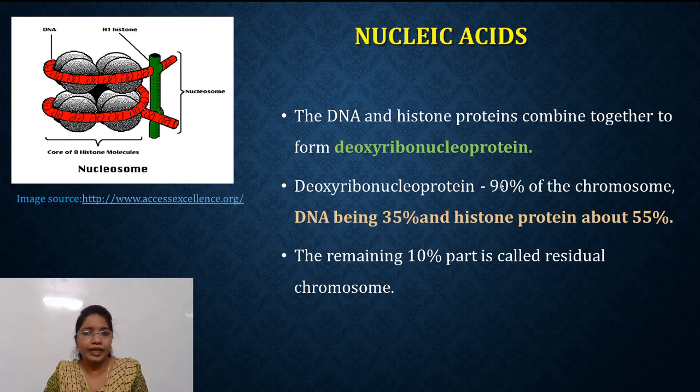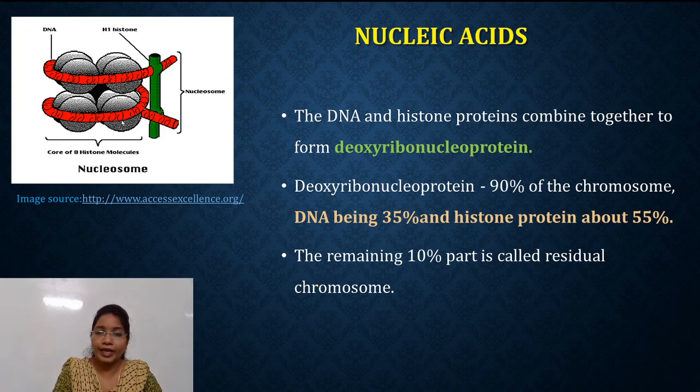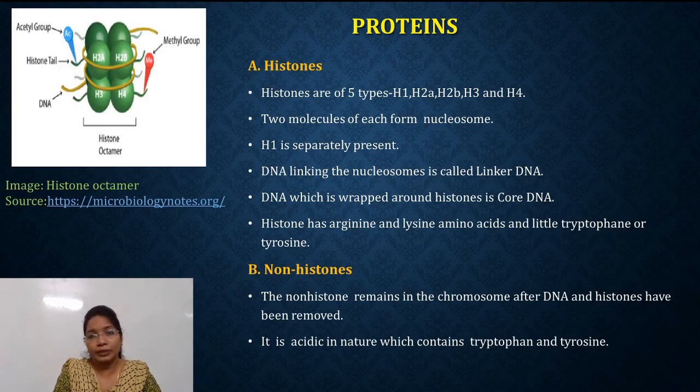And the remaining 10% of the part is the residual chromosome. Okay, so this is the nucleic acid. And coming to the protein part, so there are two types of proteins involved in the chromosome. One is histone proteins and second is non-histone proteins.